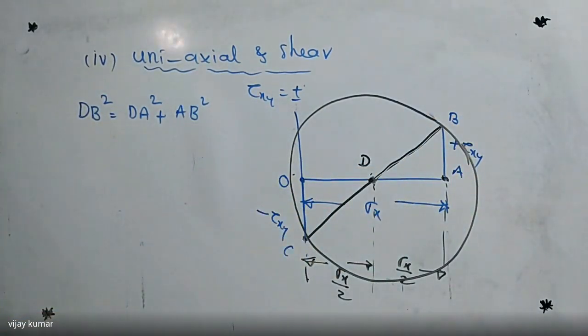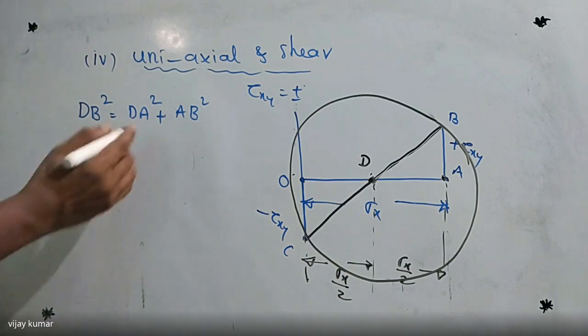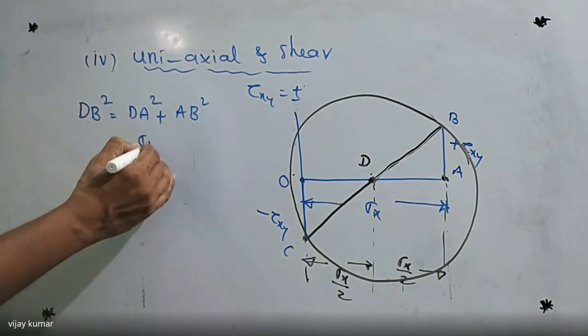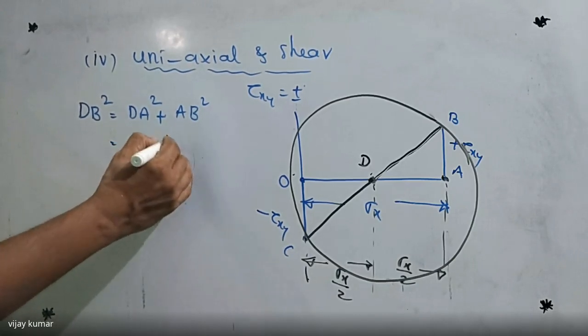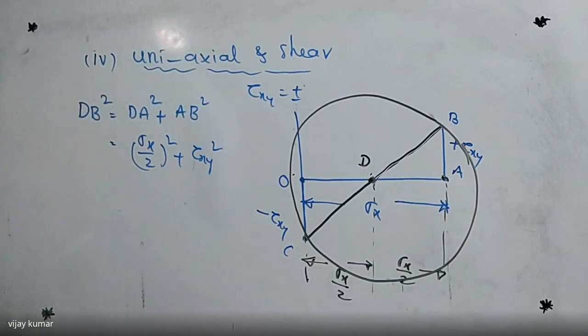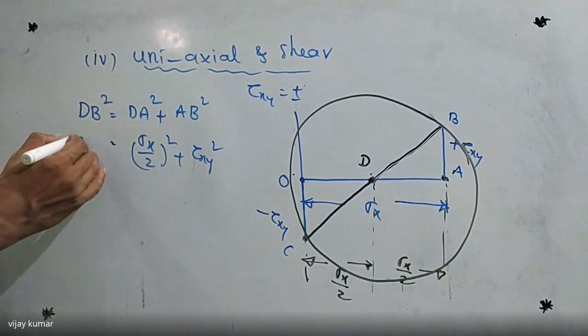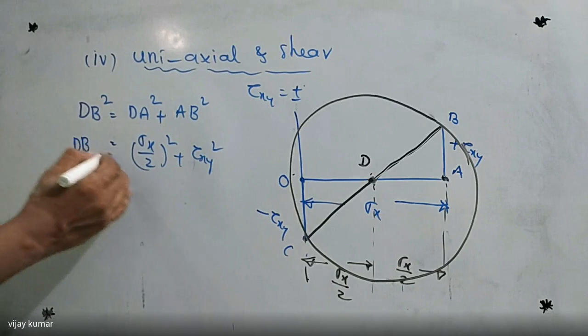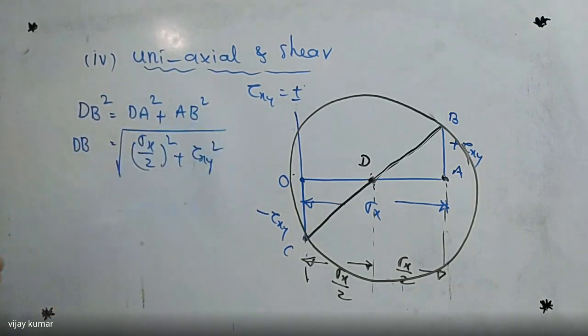DA is nothing but sigma x by 2 whole square plus tau xy whole square, whether it is positive or negative. So DB is equal to the square root of this value.